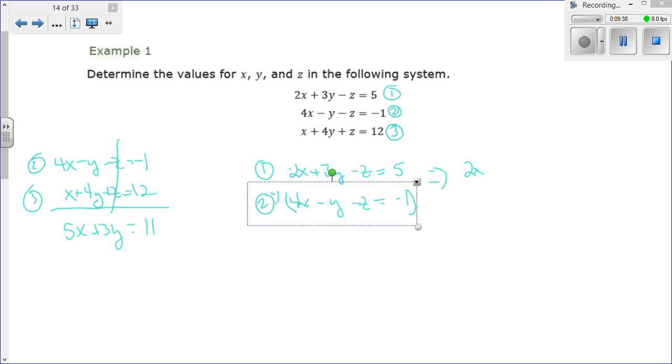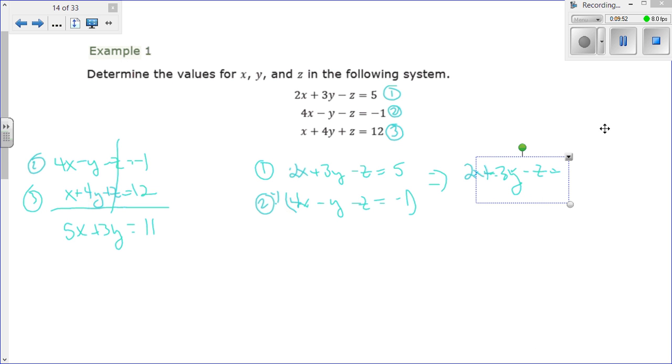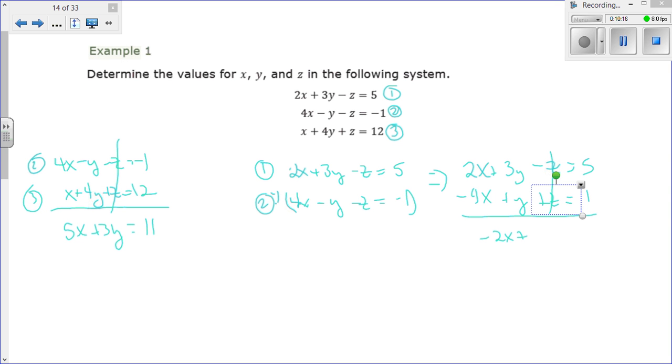The top stays 2x plus 3y minus z equals 5. When I multiply the bottom one by -1, I get negative 4x plus y plus z equals positive 1. So the z's cancel out, and I have negative 2x plus 4y equals 6.